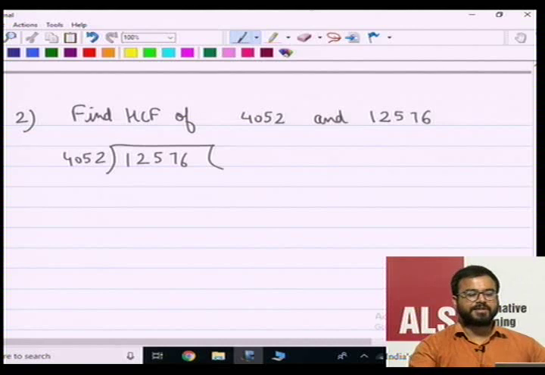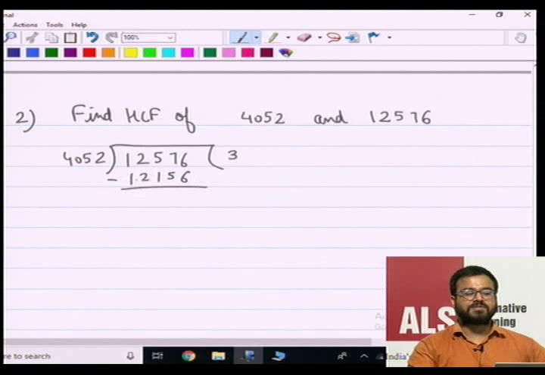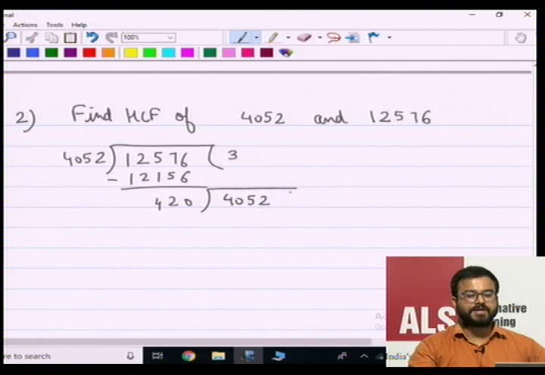You can do it only 3 times. So 4052 into 3, 12156. Then on subtracting you will get 420. Now again this 420 will become the divisor and 4052 will become the dividend.